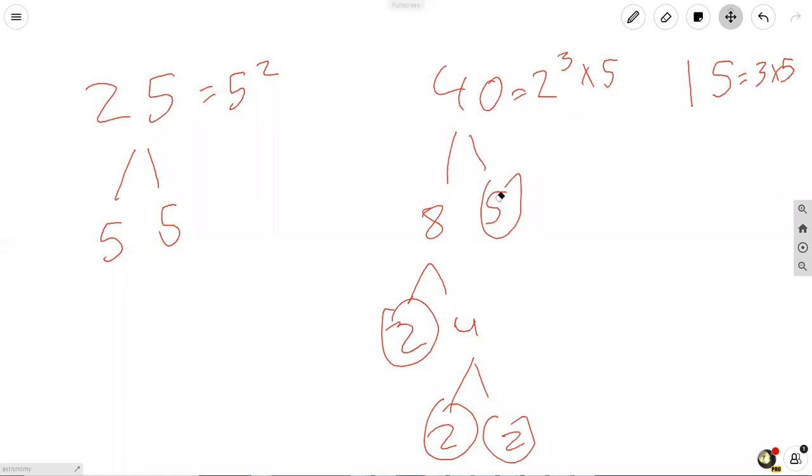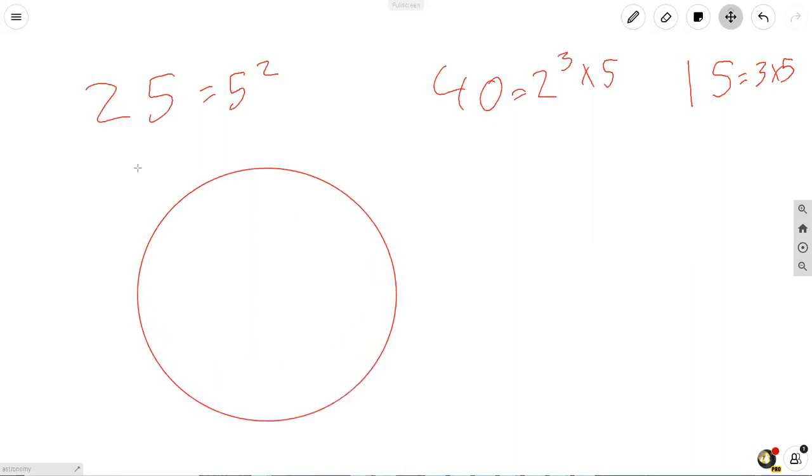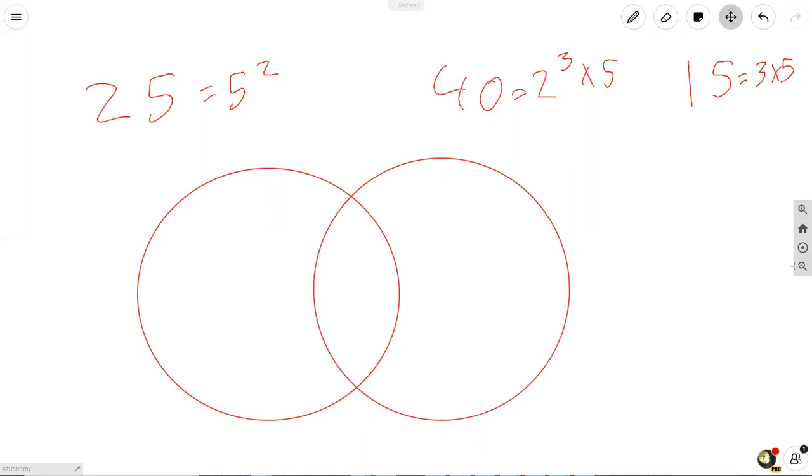Okay? So now I'm going to rub out all of this and I'm going to draw 3 circles. I got 1 circle, I got another circle, and I got another circle.